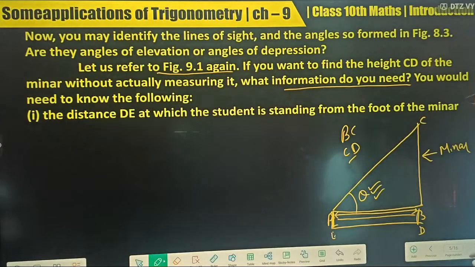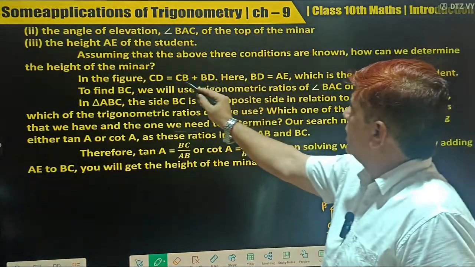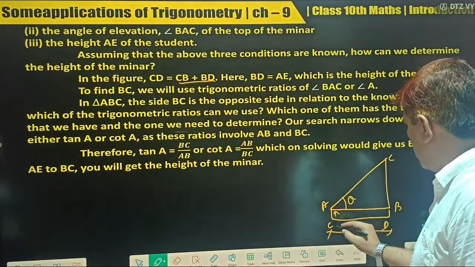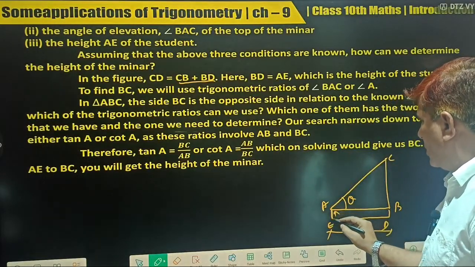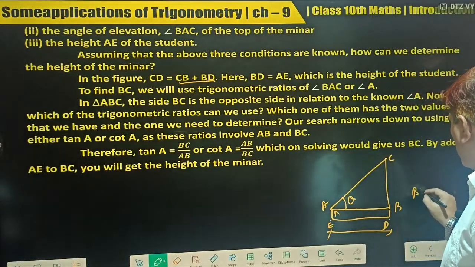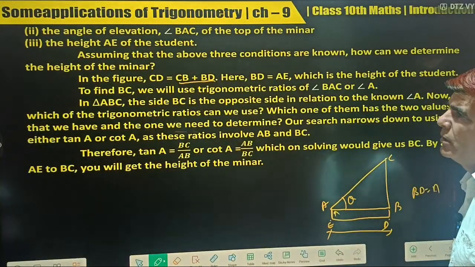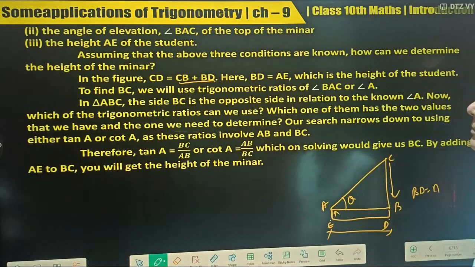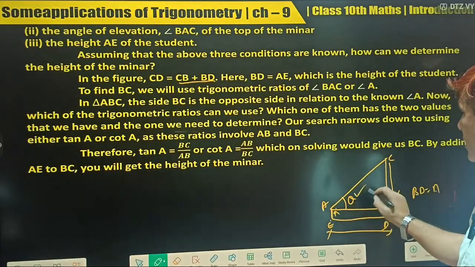Understood? CB plus BD, and BD is equal to AE, which is the height of the student. To find BC, we will use trigonometric ratios. This angle BAC we are calling theta.